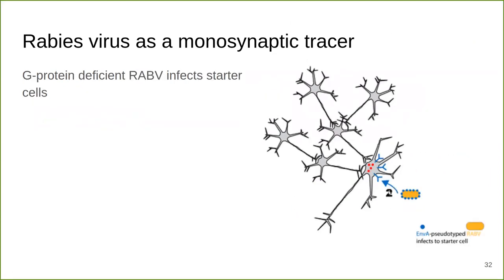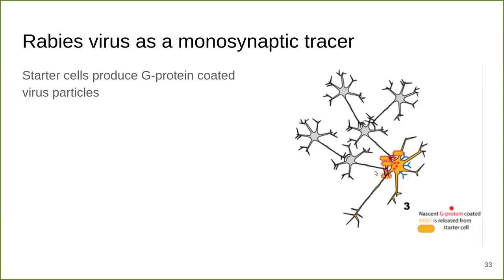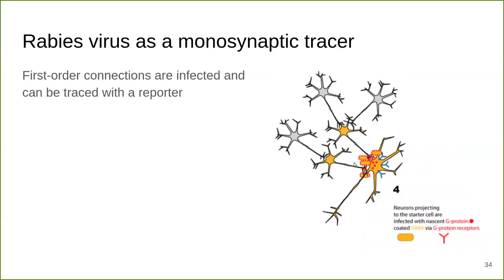Then virions are assembled that contain normal surface proteins, so they can travel along synapses to other cells. But the genome that we introduced into the cell simultaneously is not encoding this same protein, G protein. So these virions are normally coated and they can infect neighboring cells, but when they infect these cells, the genome was faulty and they can no longer produce normal virions.